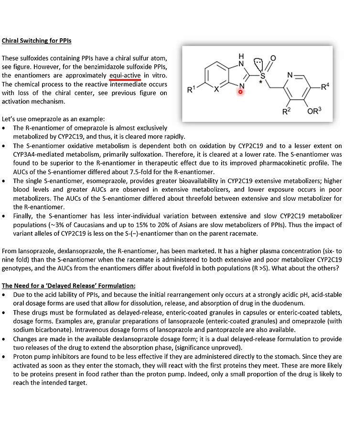So whether it's an R or an S, both are going to end up binding to the proton pump in the same way and blocking it. So both enantiomers are equi-active, whether it's R or S, they bind to the same receptor in the same way.